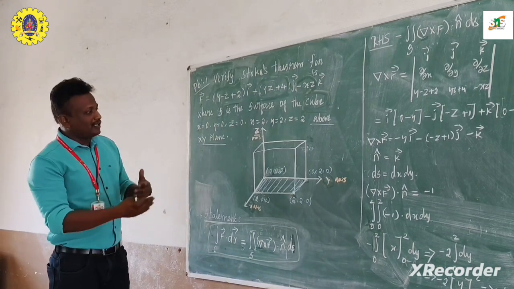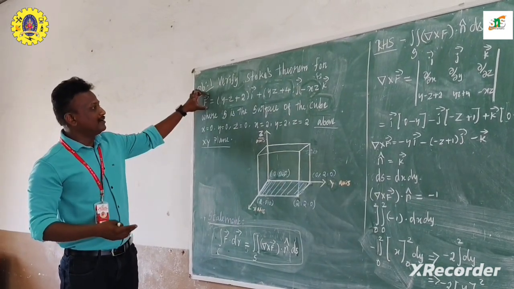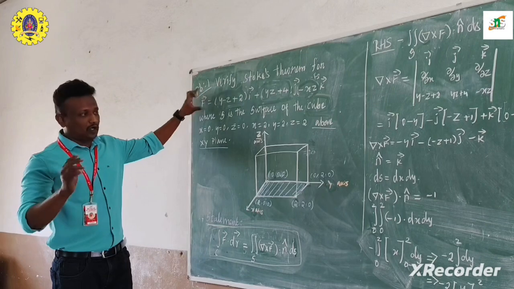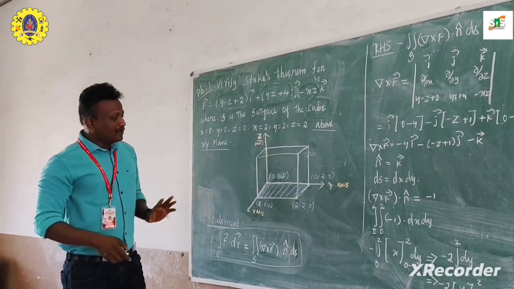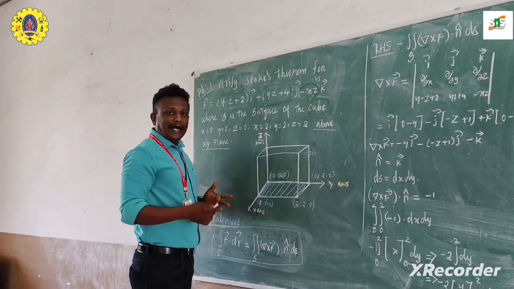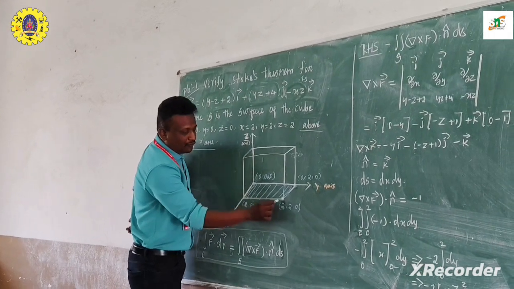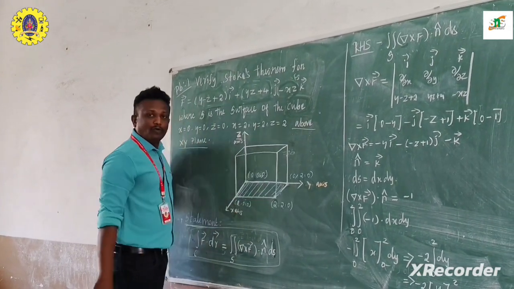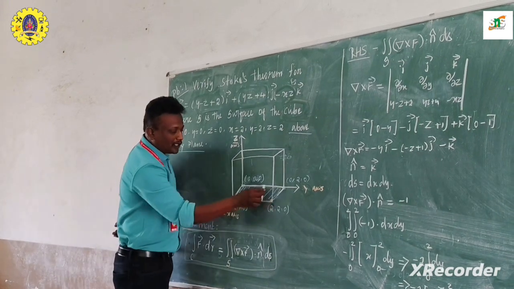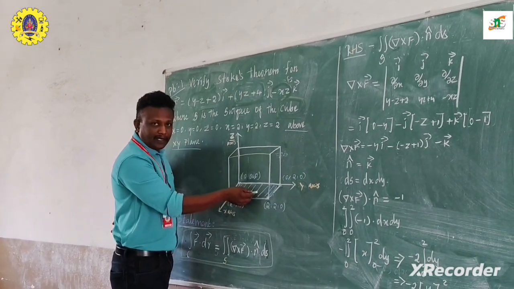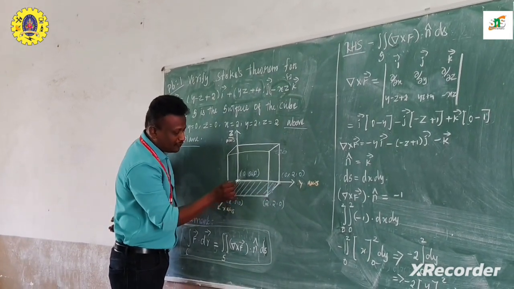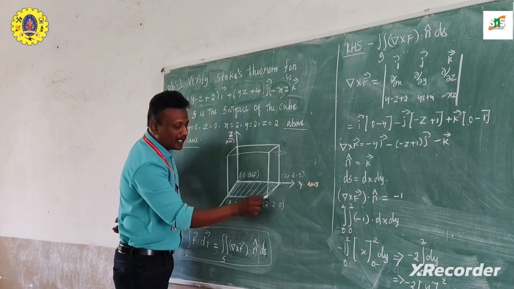So let us prove whether this vector satisfies Stokes theorem or not. Before I prove it, I need some information. I need to know what these 4 points are, because the bottom surface is open. So we are going to take these 4 lines as the boundary line.